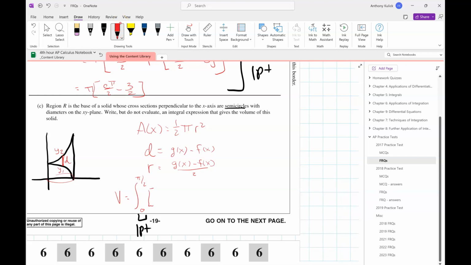And then the formula, I'm going to put the pi over 2 out front, I guess. And then we have g of x minus f of x over 2 quantity squared dx. Having that pi over 2 out front was 1 point, and having that integrand piece was the third point.